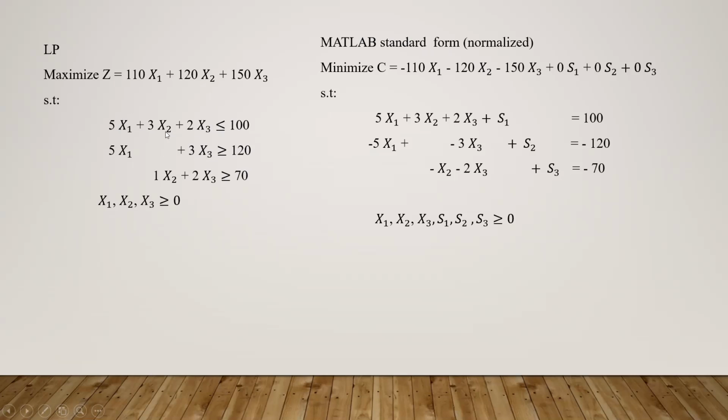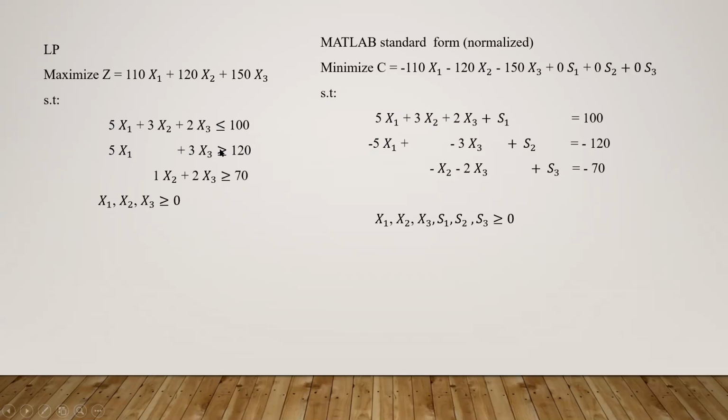So the first one, I don't have any problem with that. This becomes 5x1 plus 3x2 plus 2x3 plus the slack, because I have less or equal, equal to 100. This constraint creates a problem, so I should multiply both sides by negative, so it becomes minus 5x1 minus 3x2 less or equal minus 120.